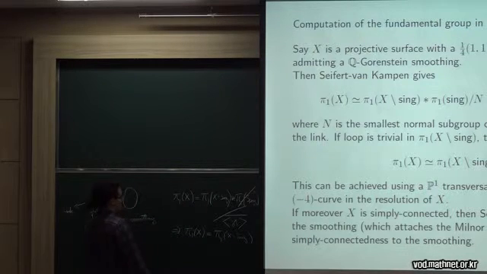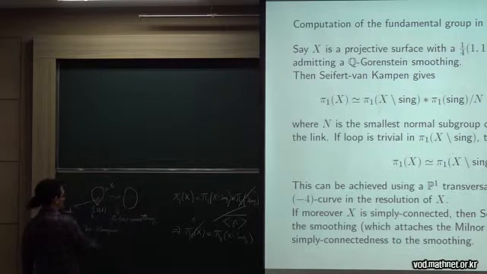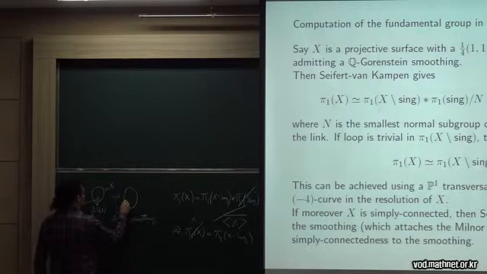And moreover, say that I consider an X so that this fundamental group is trivial. Then I have that fundamental group trivial. And then I do Van Kampen here in the smoothing. So here you will have the link, and in here you will have the Milnor fiber.